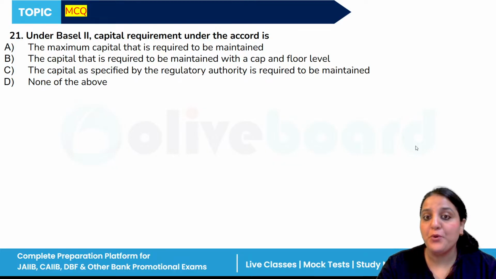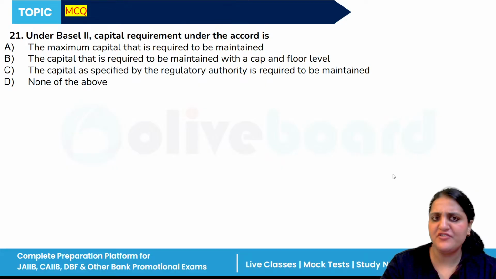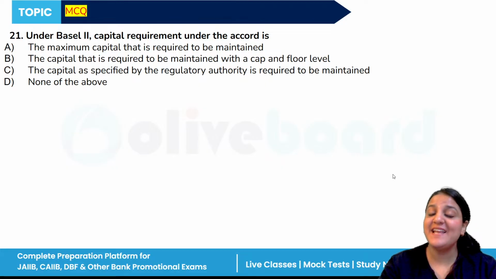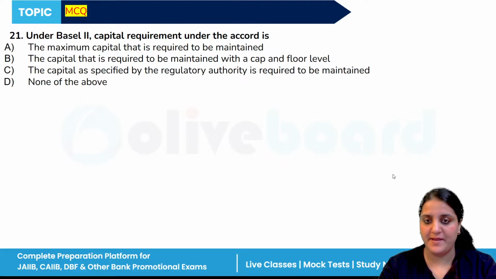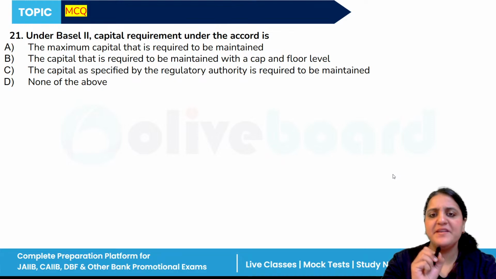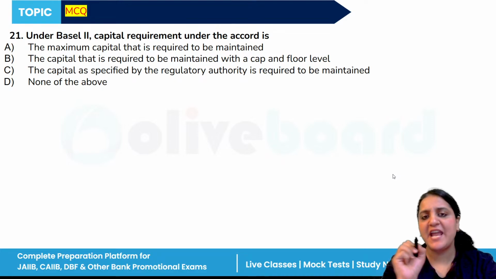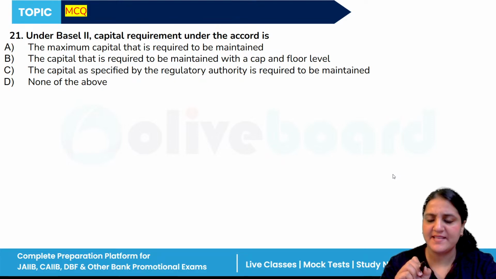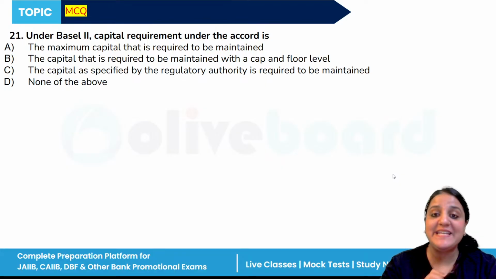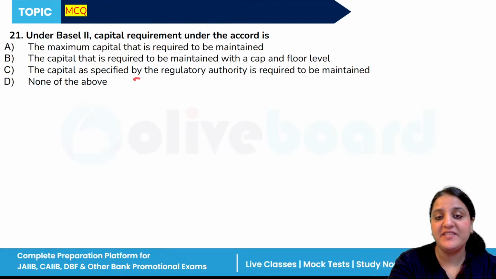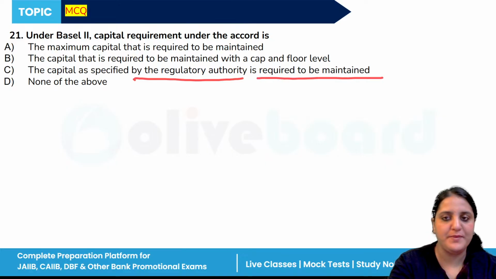Basel II provides guidelines for minimum risk, and regulatory authorities, like the RBI, set exact requirements for the banks. The RBI may say a bank must maintain 9% of risk-weighted assets as capital, so that is the mandated level. So the capital is specified by the regulatory authorities and is required to be maintained.